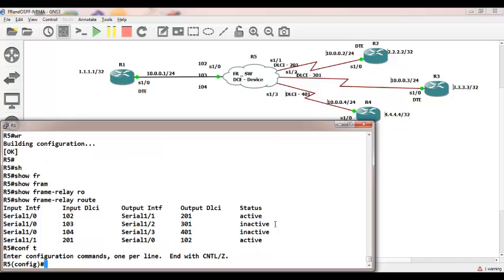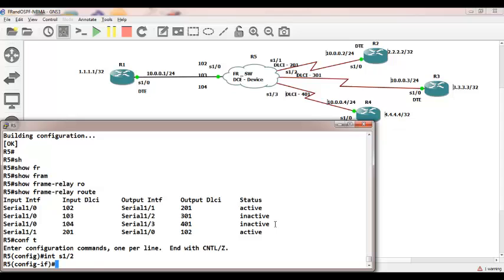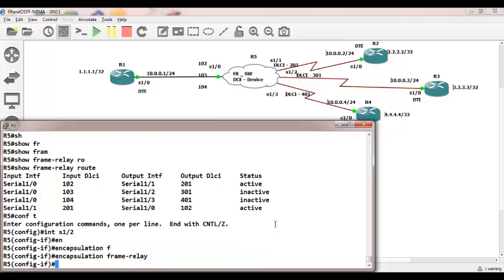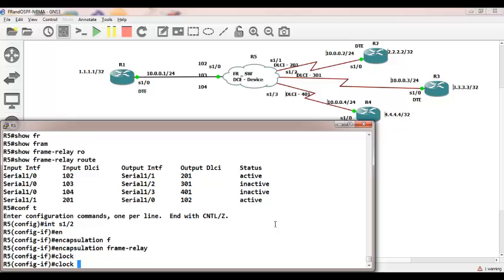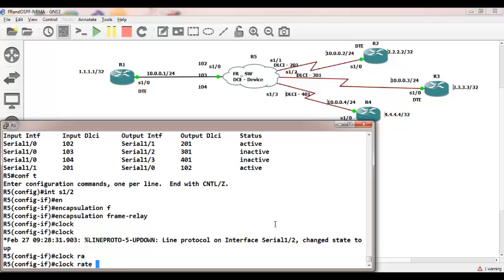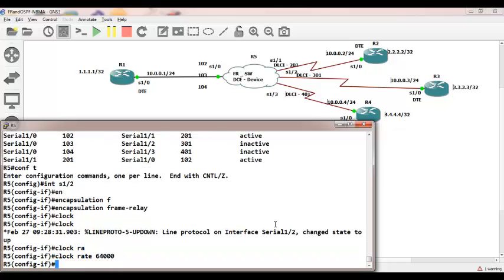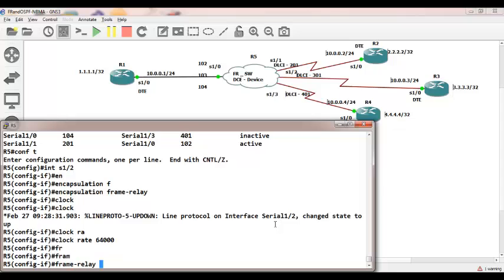Interface serial 1/2. Encapsulation frame relay. Clock rate 64,000. And then frame relay INTF interface. INTF means interface type DCE.